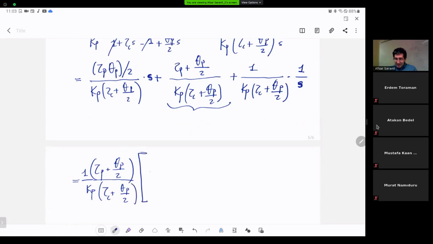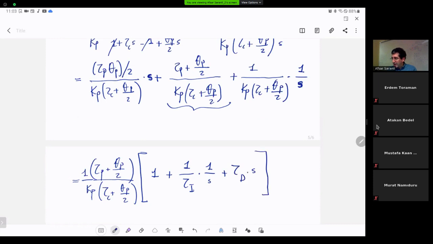And inside, if we want a dependent ideal PID, what we should have is 1 plus 1 over tau I times 1 over s, plus tau d times s.